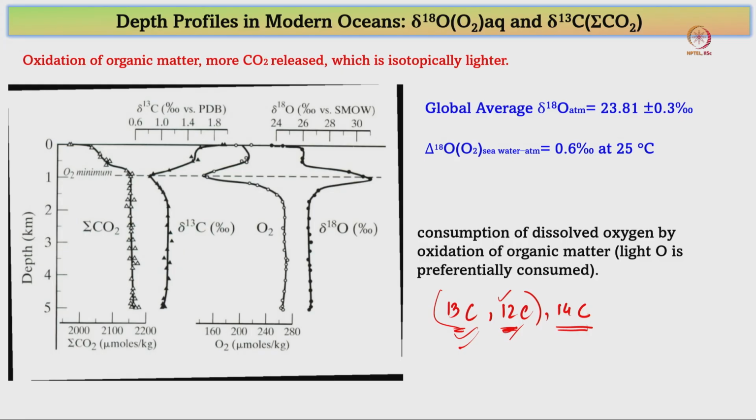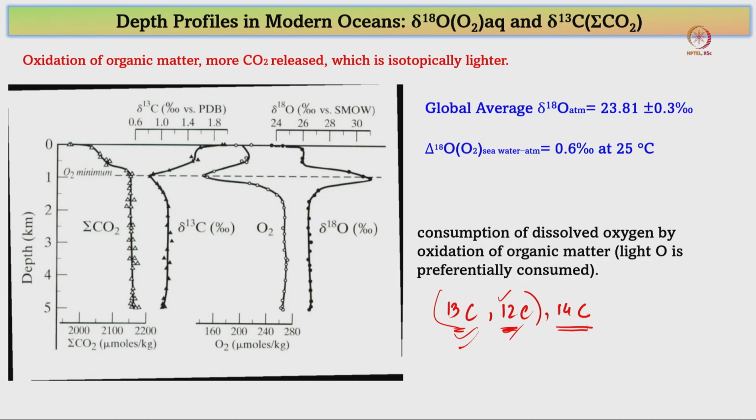Now, we can use delta 18O values. When we are using delta 18O values, we also have to understand that there are some other processes in which delta 18O can get changed, and one of those is the consumption of oxygen during the breakdown of organic matter. That is, when organic matter gets oxidized, dissolved oxygen also gets consumed. Okay.